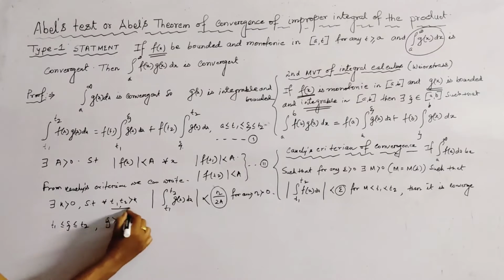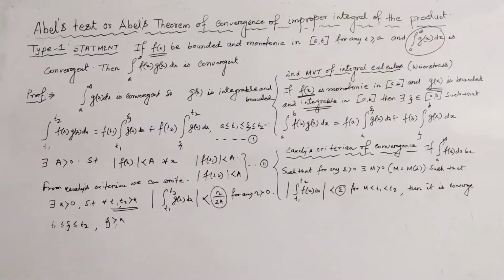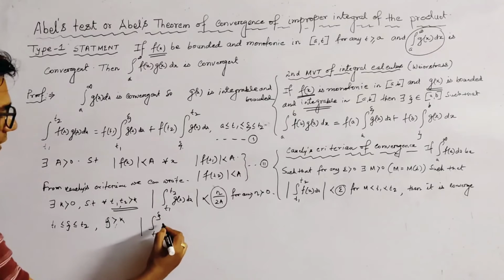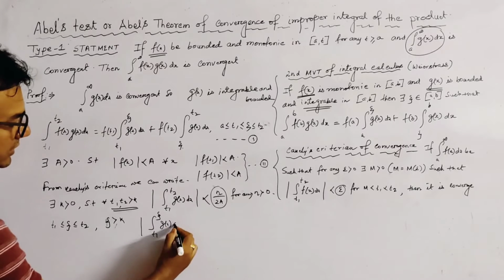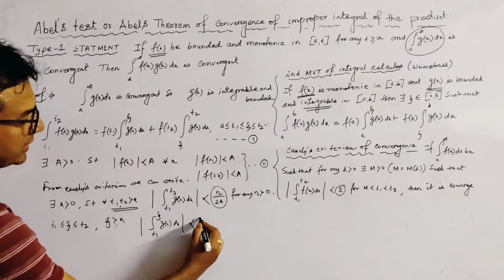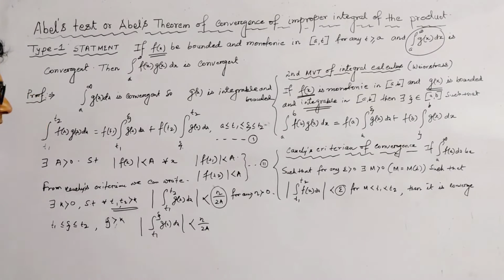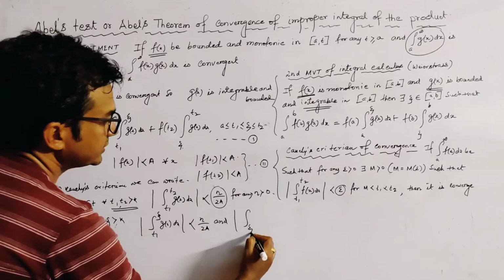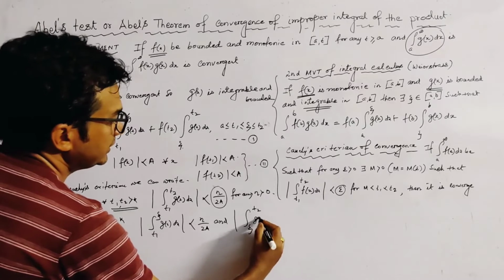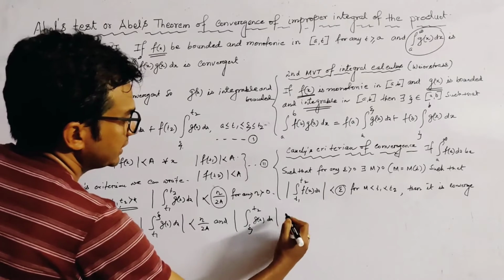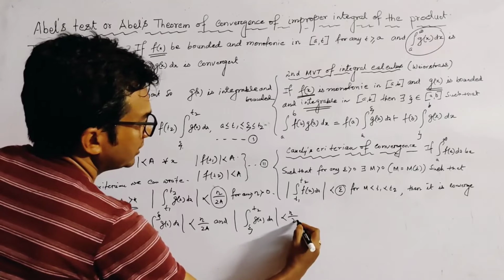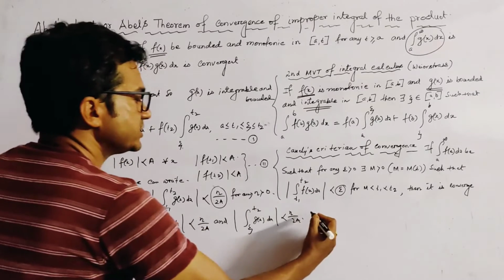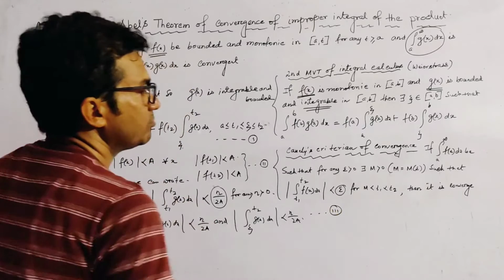So xi satisfies this condition also, and we write mod of the integration t1 to xi of g(x) dx is less than eta by 2A, and mod of the integration xi to t2 of g(x) dx is less than eta by 2A, right? And we name these two relations together as relation number 3.